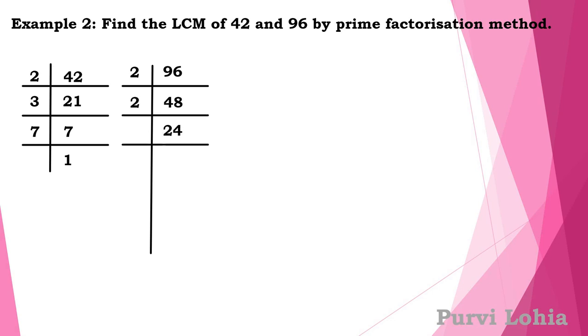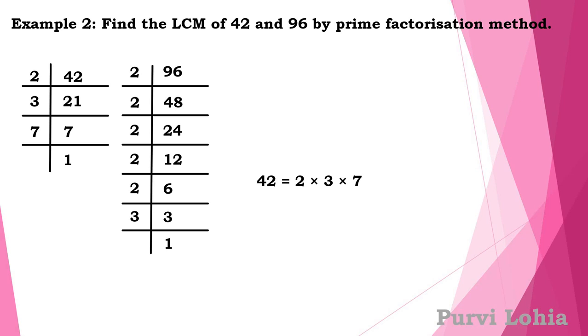Again, this you know how to do it very well. Alright. So 42 will be written as 2 into 3 into 7, and 96 will be written as 2 into 2 into 2 into 2 into 2 into 3.